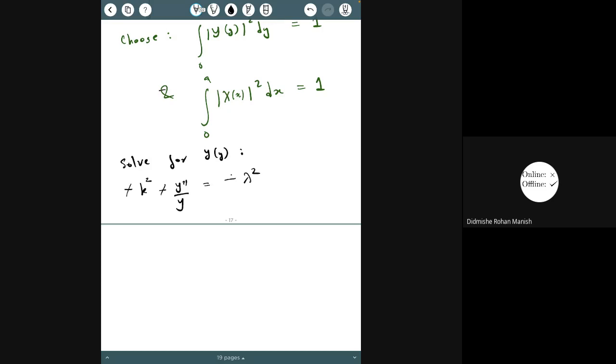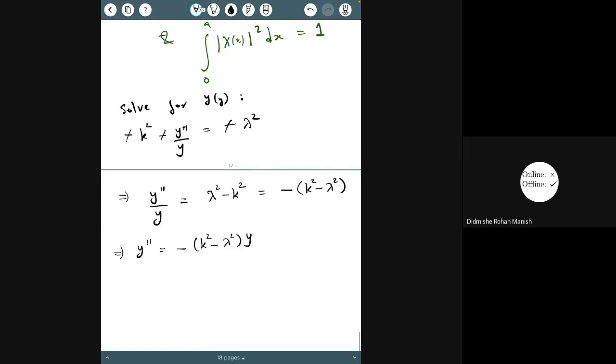And I get Y double prime over Y is equal to lambda square minus k square. And that I can write as minus of k square minus lambda square, and Y double prime is equal to minus lambda square Y. Okay.